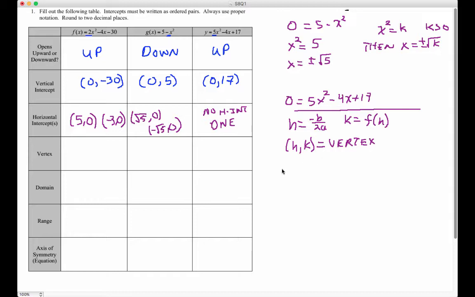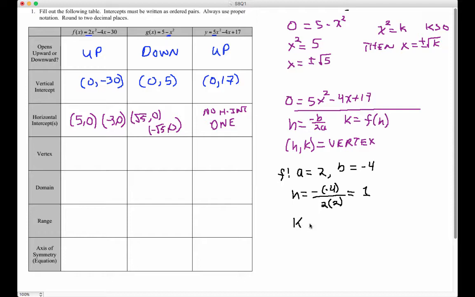So we need to know what a and b are. Okay. So on the function f, we know a was equal to 2 and b was equal to -4. So what that says is that h would be equal to minus -4 over 2 times 2, which is 2a. So that tells us that h is equal to 1.